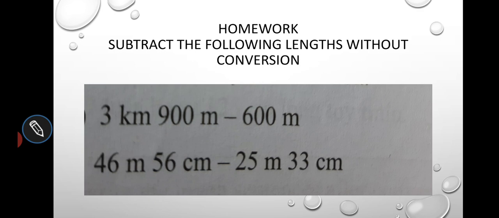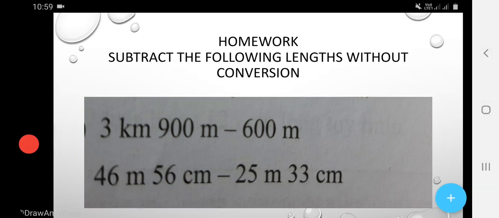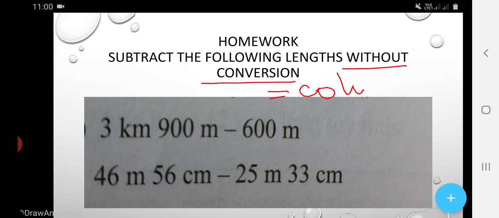Students, remember that in your examination there are questions about this subtraction and this type of addition, and you have to tell which method to follow. Here I have written that you have to subtract the following lengths without conversion. That is, you have to arrange them in columns, then subtract. Without conversion means column method.